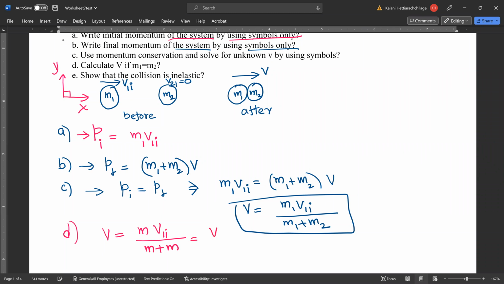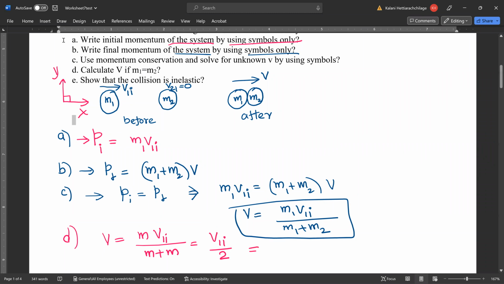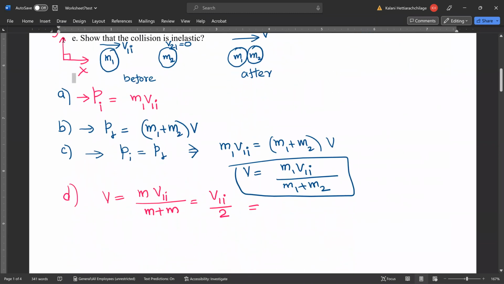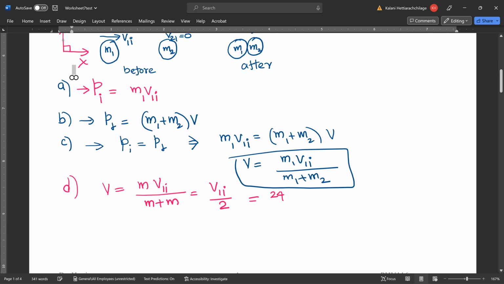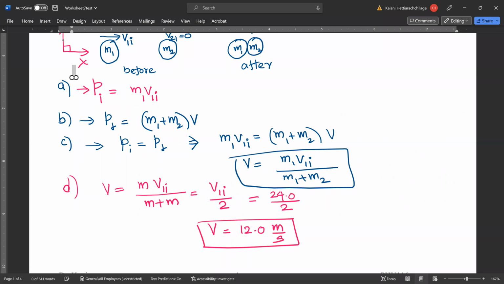So that means v1 initial divided by 2 will be your final answer. So now it's time to calculate. v1 initial is 24, so 24.0 divided by 2. That means v will be to the right, which will be 12.0 meters per second. Velocity is in the positive x direction.